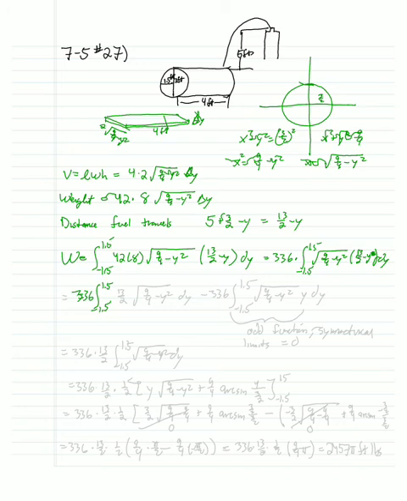Jeez. And then I'd have that 13 halves times the square root of 9/4 minus y squared dy. And then minus 336 times the integral from negative 1.5 to 1.5 of the square root of 9/4 minus y squared times y dy.